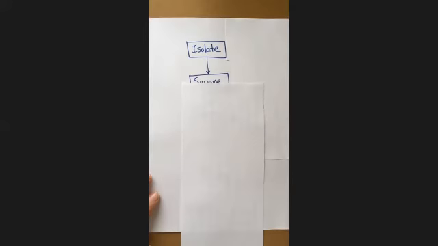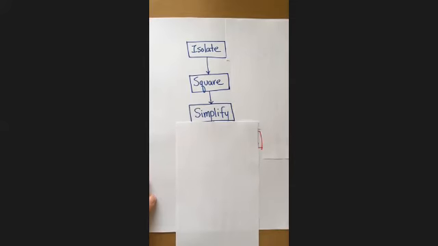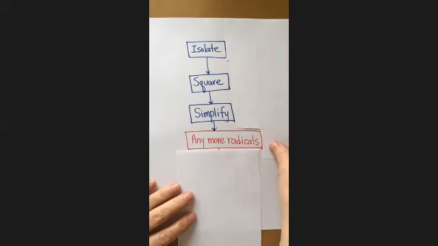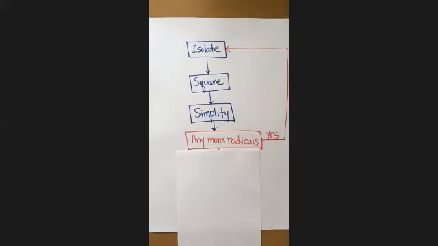And then you square both sides, and then you simplify, and then you come to a decision point. Are there any more radicals? If the answer is yes, then you go back up to isolate, and then you go down to square and simplify. Are there any more radicals? As long as there's a yes, you just keep going through that loop until you get to the point where there are no more radicals.